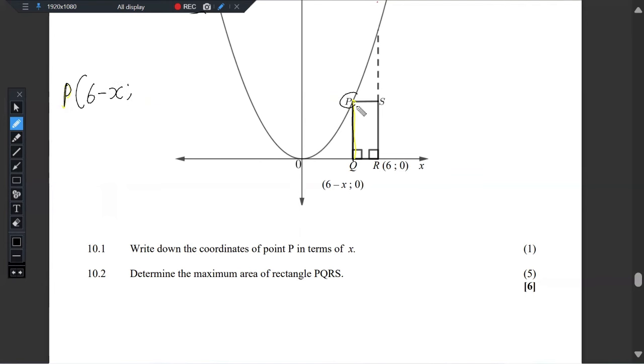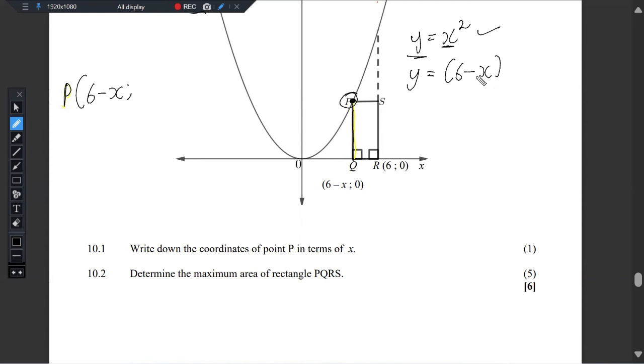But then what would be the y coordinate of P? Since it's attached to the curve there, we know that the equation of the curve is y equals x squared, sorry, I meant to say x squared, not x cubed. So our y coordinate will be represented by x squared, right? Given that our x coordinate is 6 minus x, where there is x in the equation I substitute 6 minus x.